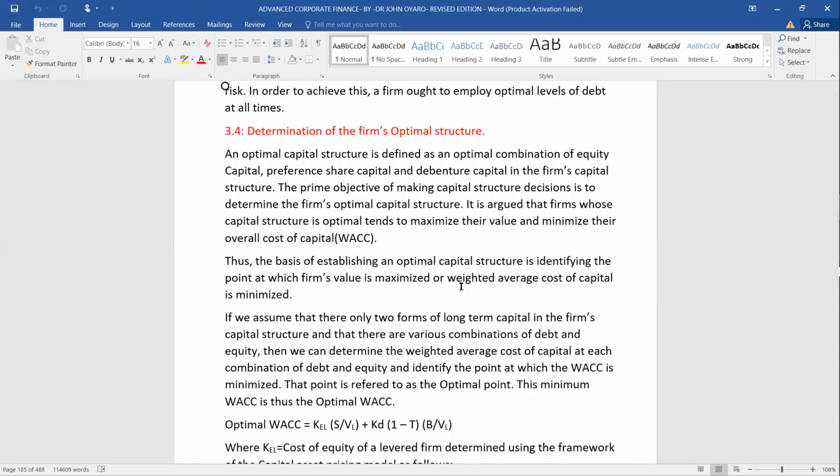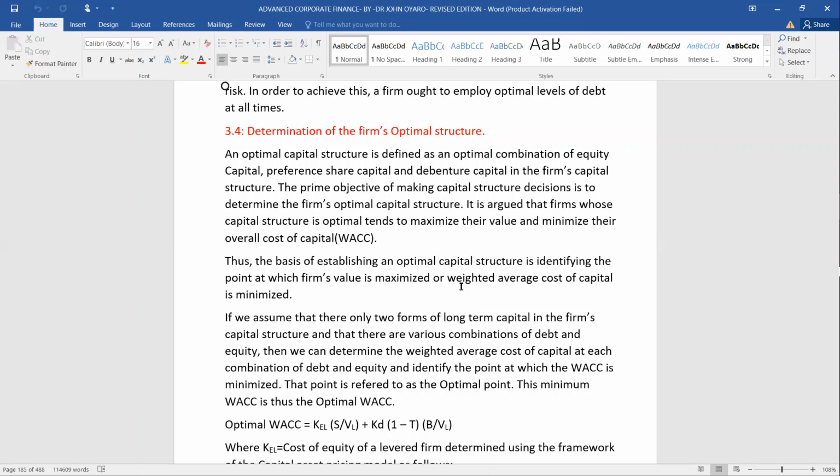But while we go through this discussion, we are making a fundamental assumption that there are only two items in the firm's capital structure, namely equity capital and debt capital. If that assumption holds, then at the optimal capital structure, we expect to identify the optimal equity proportion and the optimal debt proportion, or establishing the optimal debt level.